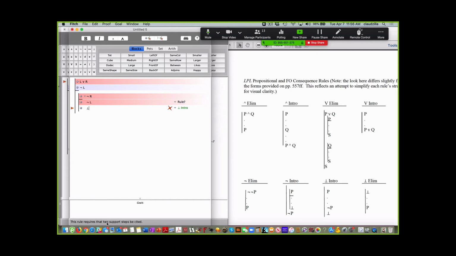This rule requires that 2 support steps be cited. So one of the things that we want to think about is this. The derivation is a complete dismantling of the relevant connectives.